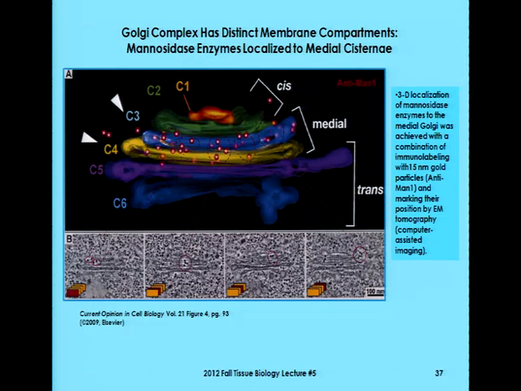So here we're seeing the localization of mannosidase enzymes to the medial cisterna using a combination of thin section immunolabeling and this EM tomography, or computer-assisted imaging. So where we see labeling for the mannosidase enzyme in thin section, we can find a more precise localization to the medial cisterna.